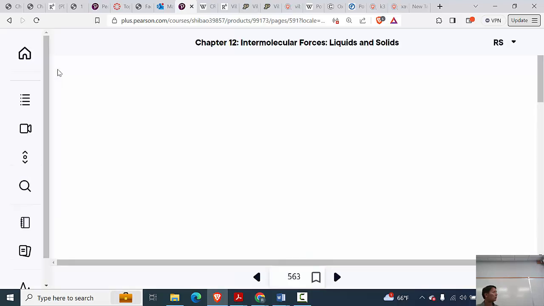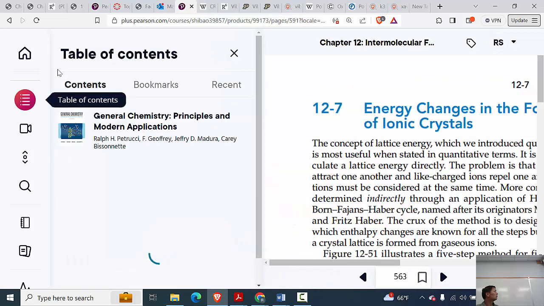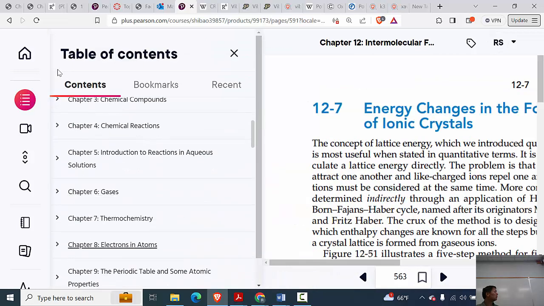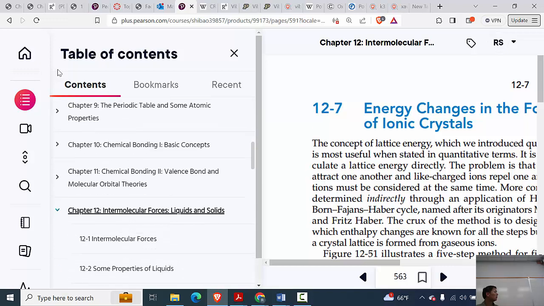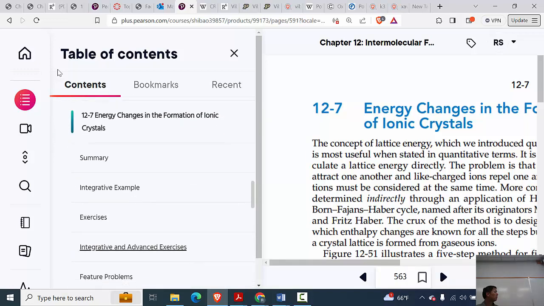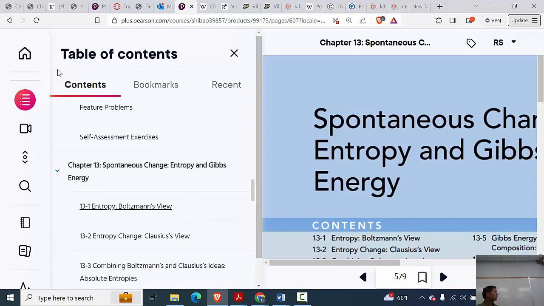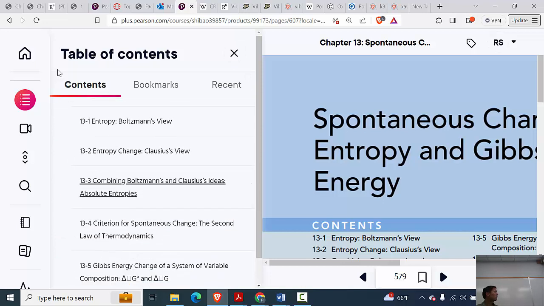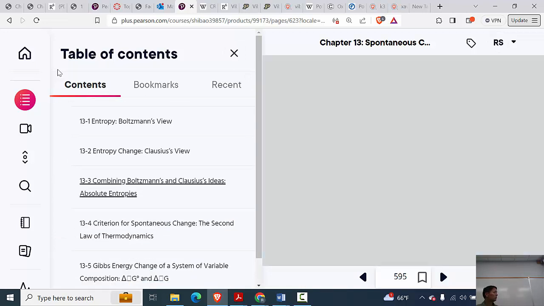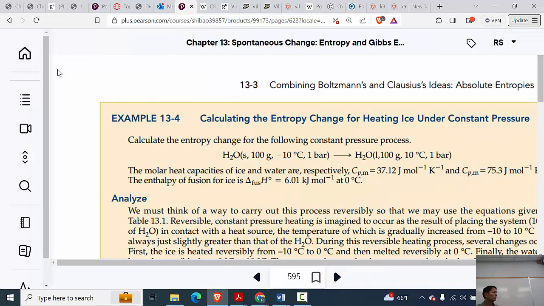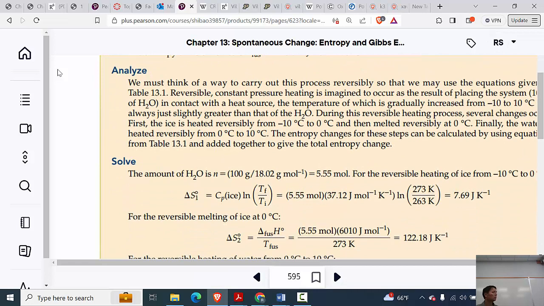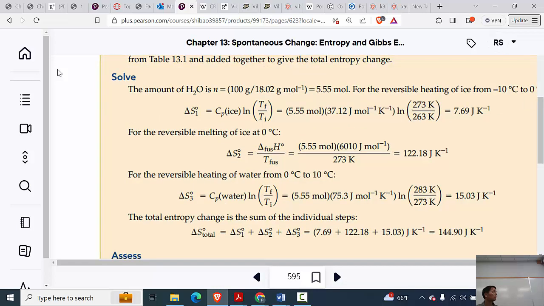This book is actually a pretty good book. So just to clarify, one of the ways is if we want to find the delta S associated with the phase change, it's the delta H of the phase change over the temperature of the phase change.